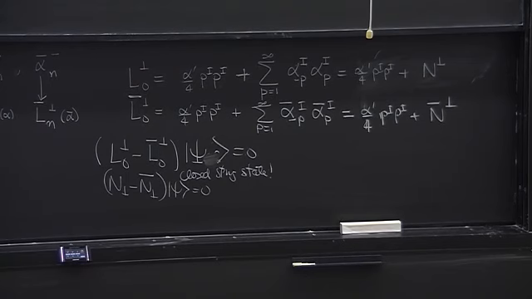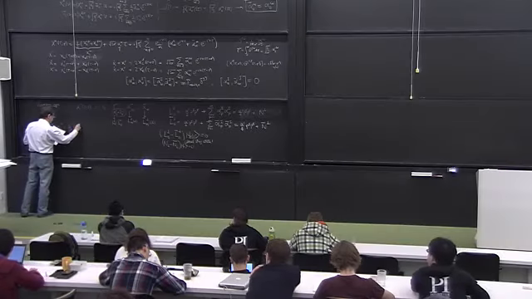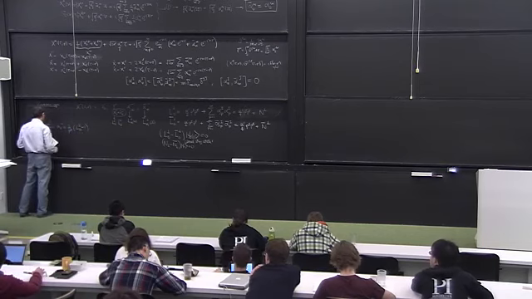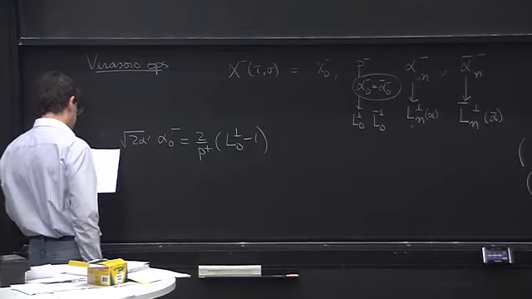Square root of 2 alpha prime alpha 0 minus is equal to 2 over p plus times L0 perp minus 1. And if you do the barred one, it's everything with barred.